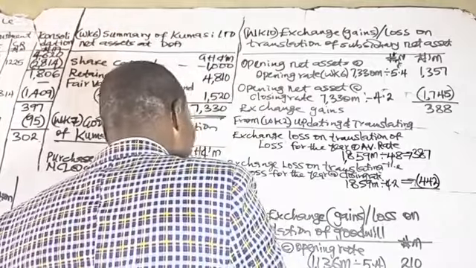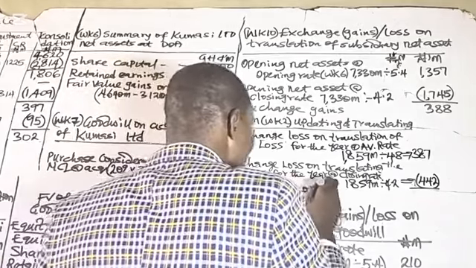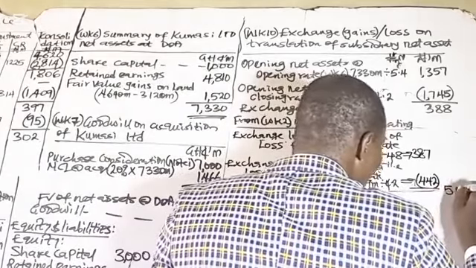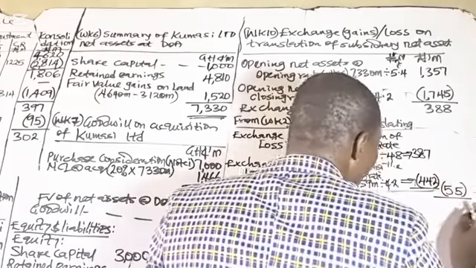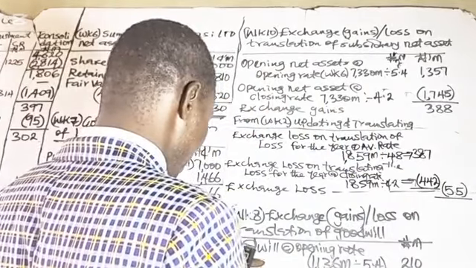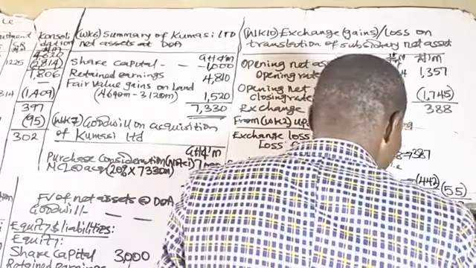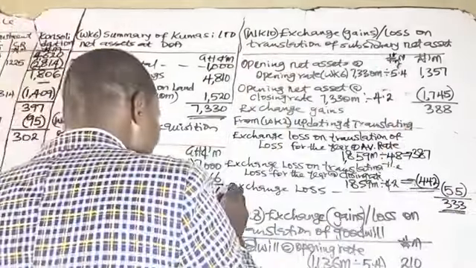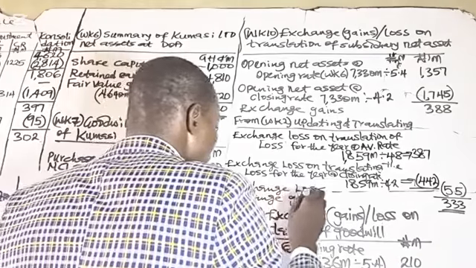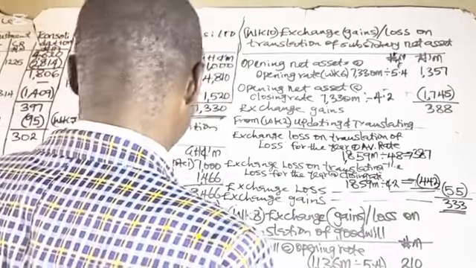So we have exchange loss of 55. So if you subtract the exchange loss of 55 from exchange gains of 388, you have 333. That is the exchange gains on translation of subsidiary net assets.